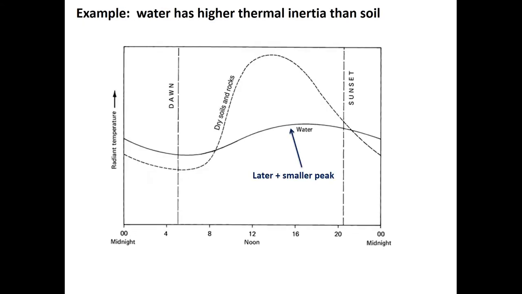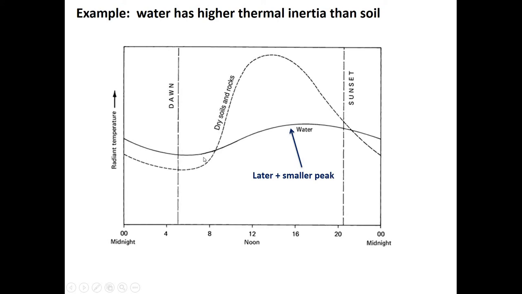Okay, and one more example. I think you're getting the hang of this, but here we've got midnight through to noon through to midnight. And now let's look at 2 different materials. And this is radiant temperature, so essentially the amount of radiation that they are emitting, or basically their temperature. So here is dry soils and rocks.